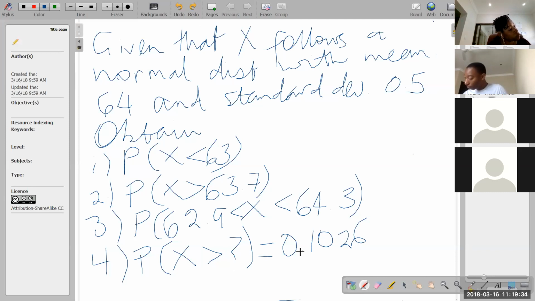If you check your table, 2.0 will give us 0.4772.